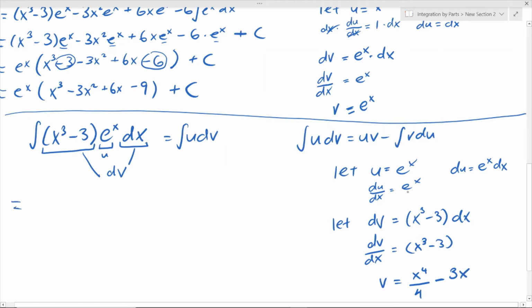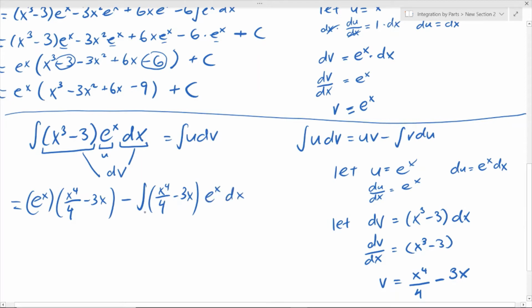So u times v, u is e to the exponent of x times our v, which is this whole thing right here, minus the integral of v times du. V is this here, so I'm going to plug that in. And then du is equal to e to the exponent of x times dx.